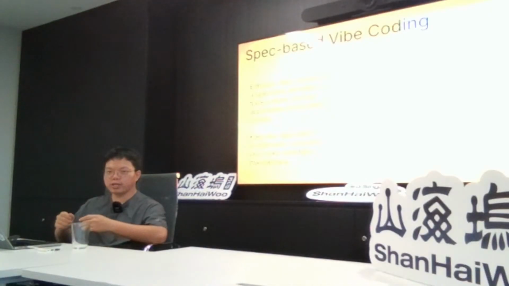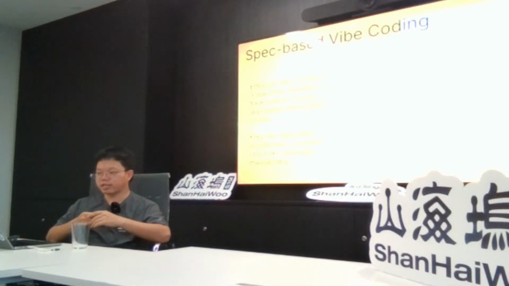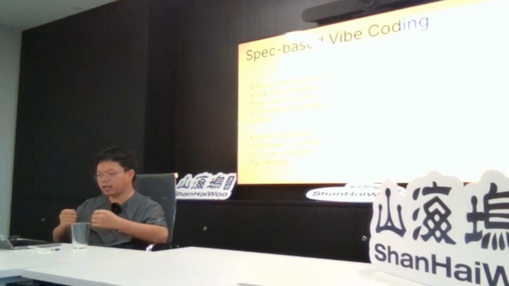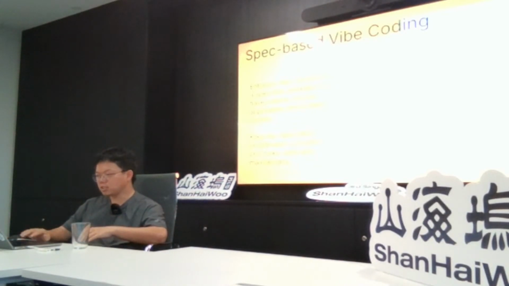And then when you need to add new features to the application, you can just update the document first, and then you can ask AI to follow the instruction to change the code. So this made the feedback loop more sustainable.